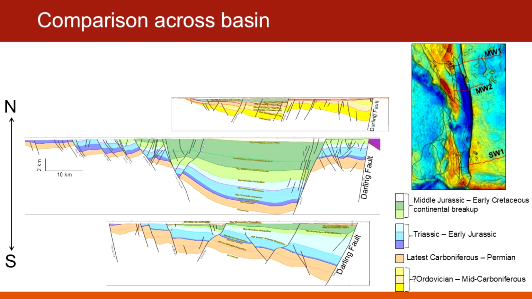So this entire green package is a period of only about 50 million years, and you can just see how much subsidence there's been here, in excess of 8 kilometres. So it's really this centre part of the basin that's experienced a lot of stretching and subsidence, and that's why we have this big gravity low here.